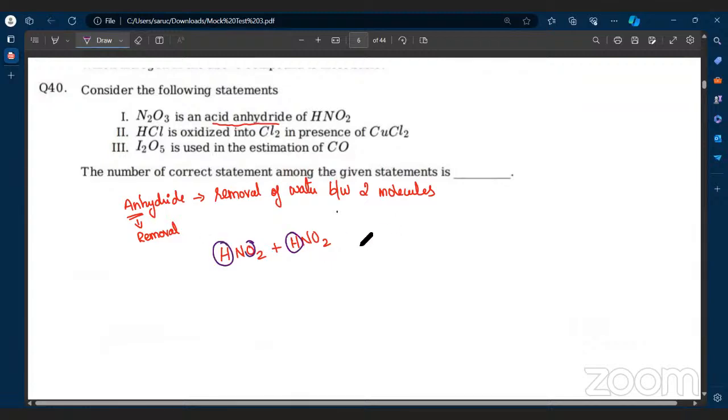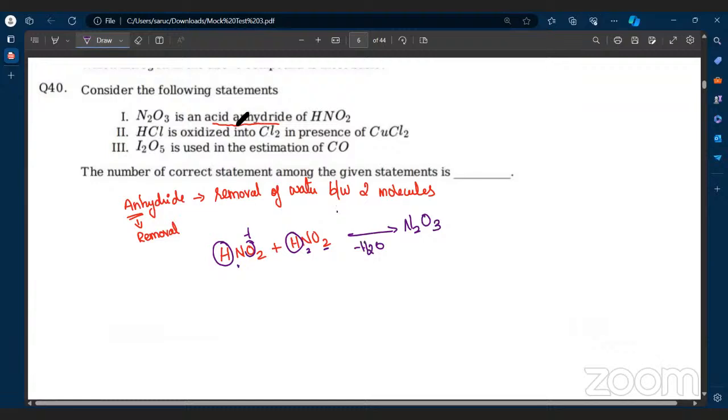So minus water: how many nitrogen do you have? 1, 2 nitrogen. So N2. How many oxygen? 2, and one oxygen has been moved out, so you have 1. Totally N2O3. So can I tell that N2O3 is an acid anhydride of HNO2?